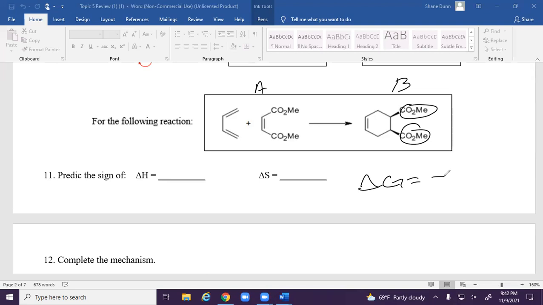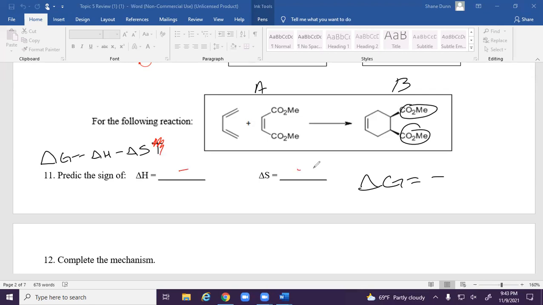Does that make sense? Yeah. Gibbs free energy is delta H minus delta S times T. Is temperature relevant at all here? No. So we ignore it. So what is the easiest way to make delta G negative? Have both signs be negative.